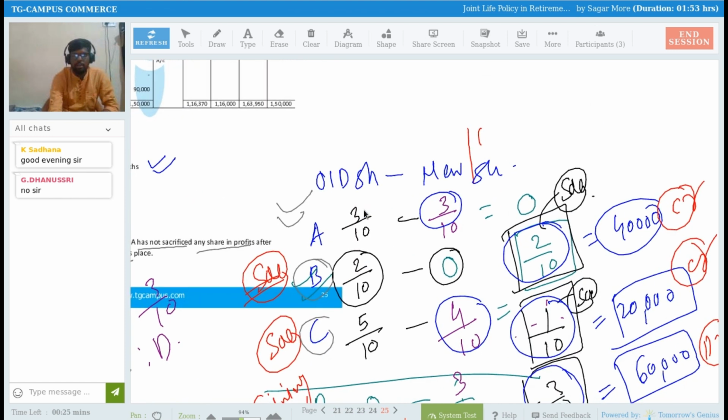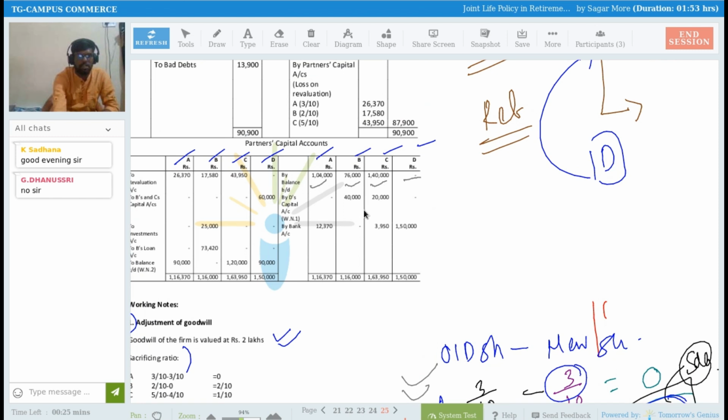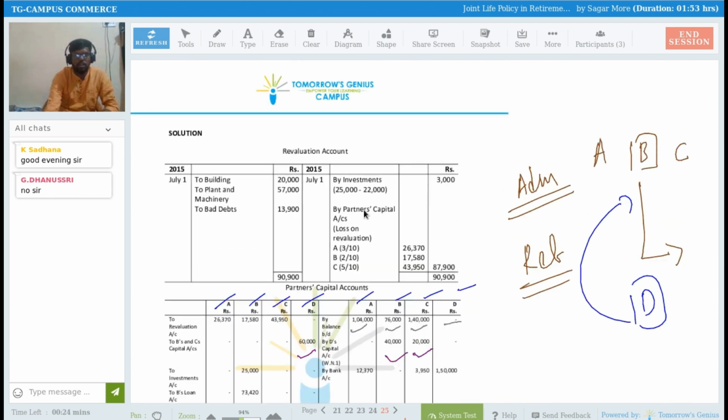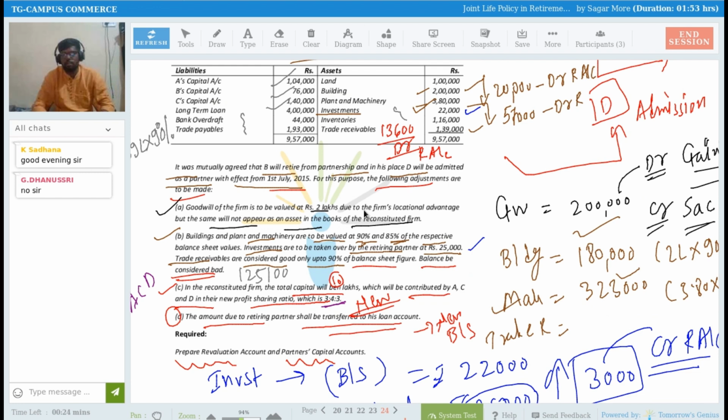So 40,000 and 20,000 we have to credit for B and C. Check. 40,000 and 20,000. Right? And altogether 60,000 we have to debit for D. Simple. So we're done with the adjustment of goodwill. Understood or not? Please tell me, have you understood the goodwill adjustment or not?